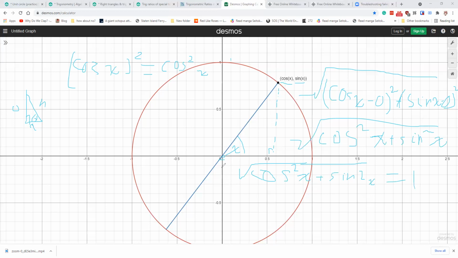And if we square both sides to get rid of this square root, you just get 1 times 1 on the right side, and you get rid of the square root on the left side, then what do you get? You get cosine squared x plus sine squared x is equal to 1. And this is a very useful identity. It can come up a fair amount.